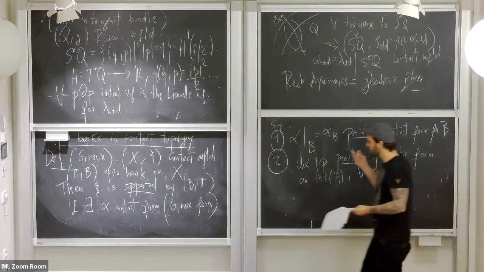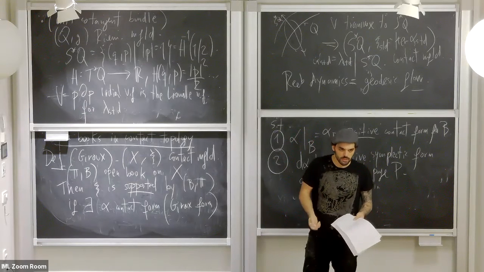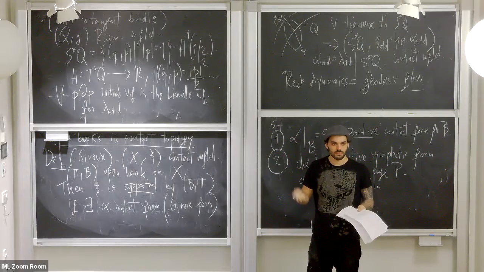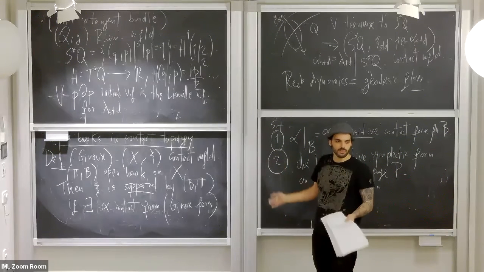You should think that X comes oriented, and the circle is naturally oriented. Those two orientations induce an orientation on the page, and once I have an orientation on the page, I have an orientation on the binding. So all the orientations need to be compatible.